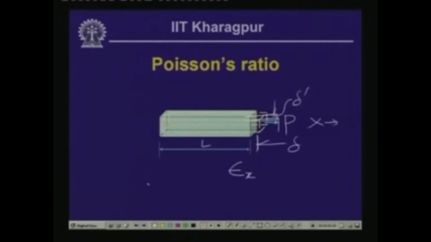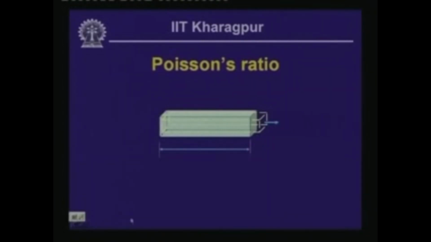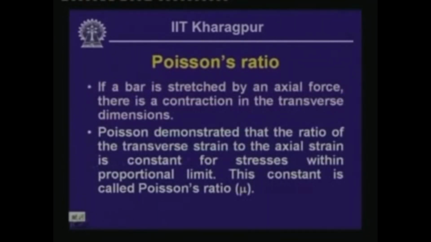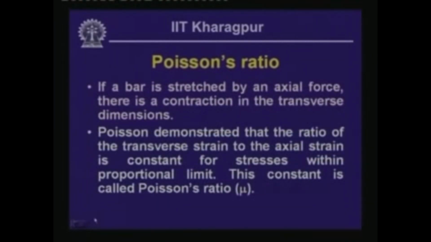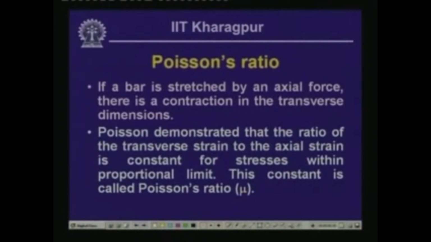So, as Poisson had observed, the ratio of the transverse strain to the axial strain remains constant for stresses up to the proportional limit, and this is what we designate as Poisson's ratio, commonly designated as mu. Sometimes it is designated by the Greek symbol nu as well. So, mu is called Poisson's ratio.